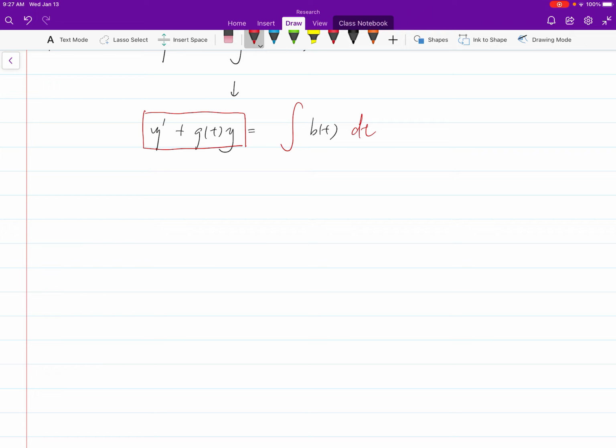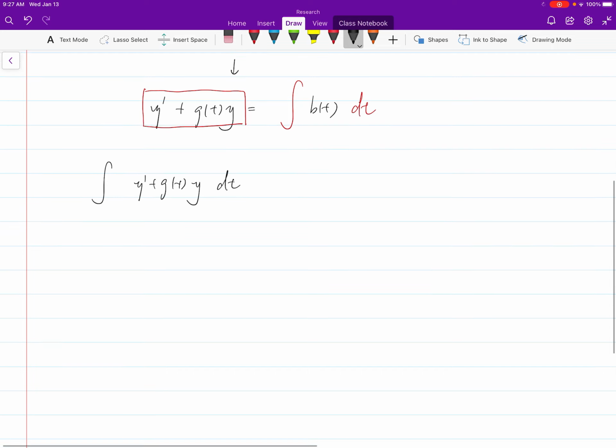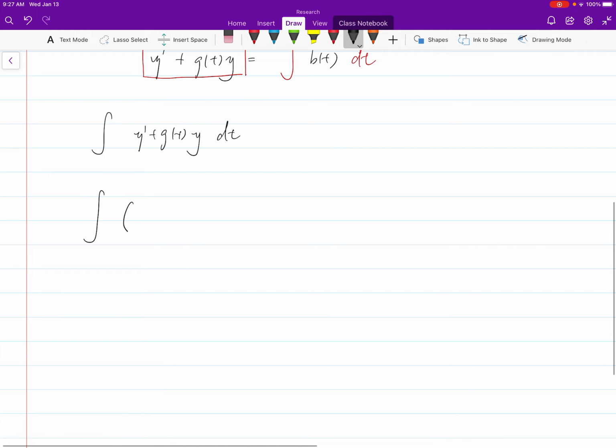The part you have trouble with is how do you do this? Because this is not something easy to integrate. If we can find the antiderivative of this, it's all set. It will be best if somehow what we see here is actually the derivative of something. If we could find such a thing, the whole thing will work.